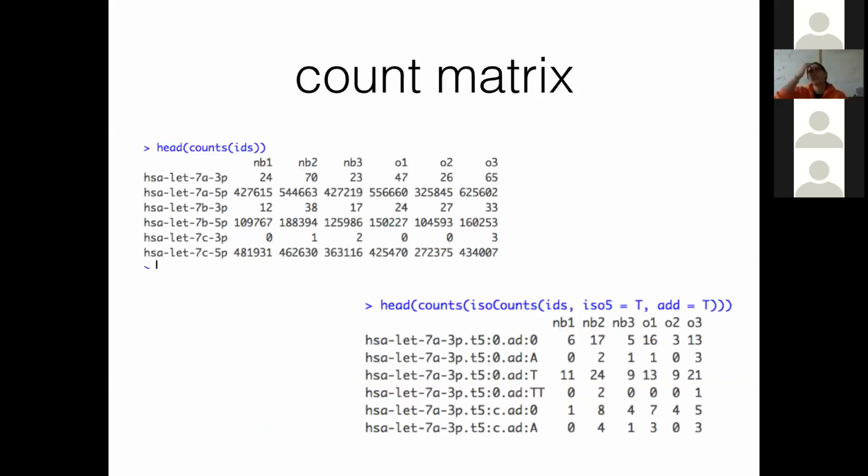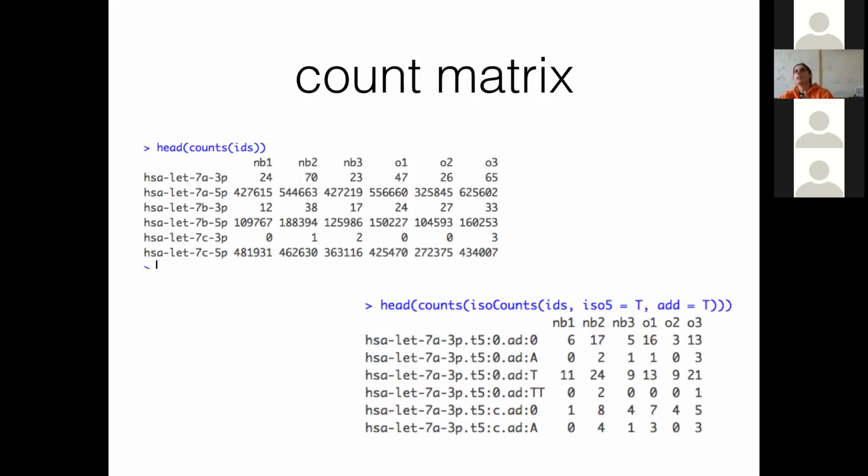And this is what I meant when saying that you can generate different count matrices. For instance, the first one will be microRNA, the 3' and 5' isomers all together.